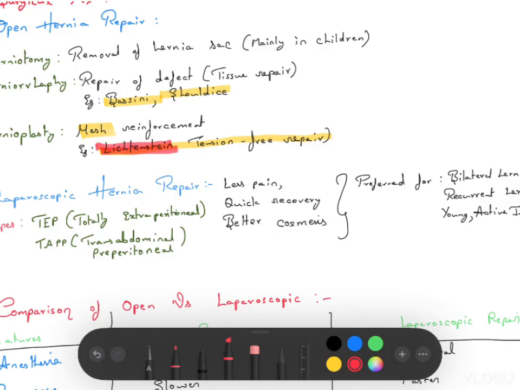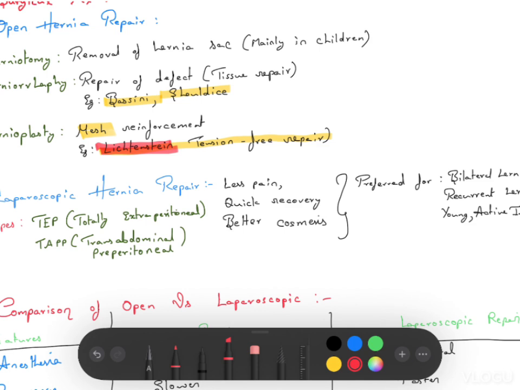Then we do the skin incision, mainly for assessing the inguinal canal and its structures. While making the incision, the superficial vessels will be divided. Then we open the external oblique to expose the canal.